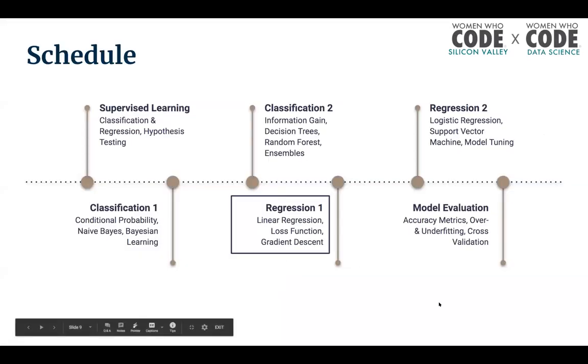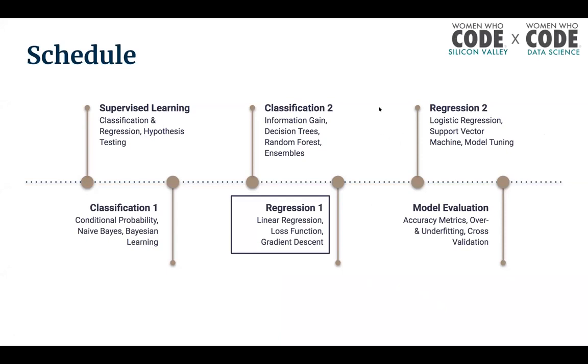So a quick reminder of what we have covered till now. We got introduced to supervised learning in week 1. Then we saw our first classification algorithm using conditional probability using Bayes' theorem. Then we went on to see how else probability can be used, using statistics like information gain and entropy, to build something called a decision tree.